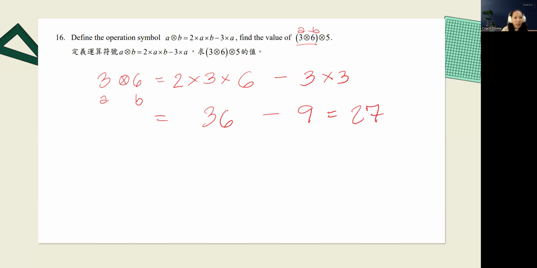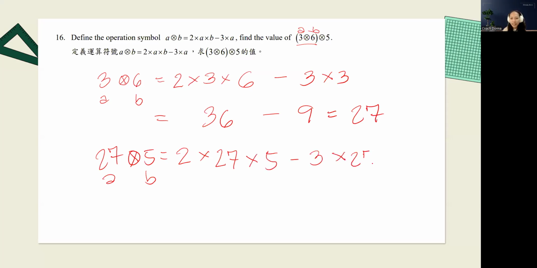If we have 27 symbol 5, the next step would be, remember this is A and this is B. So 2 times A, 2 times 27 times 5 minus 3 times 27. From here, we can actually take out the times 27, so it makes things easier for us. So times 7.